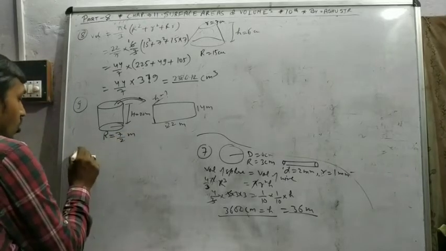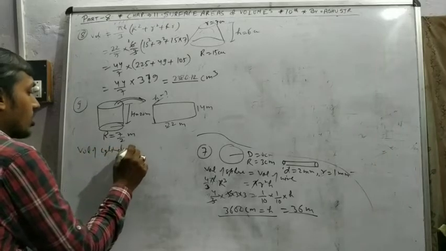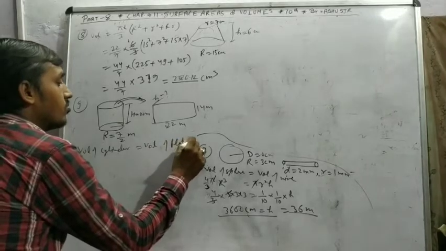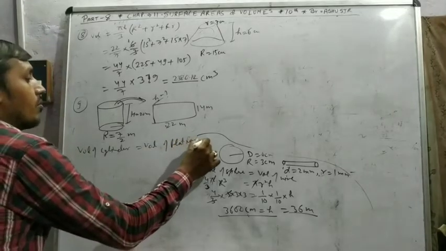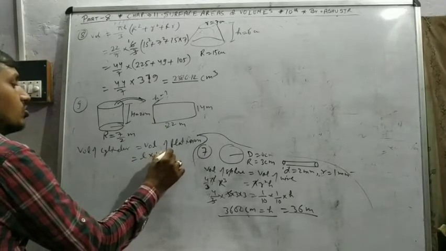So the volume of the cylinder is equal to the volume of the platform. The platform is in the shape of a cuboid, length into breadth into height.